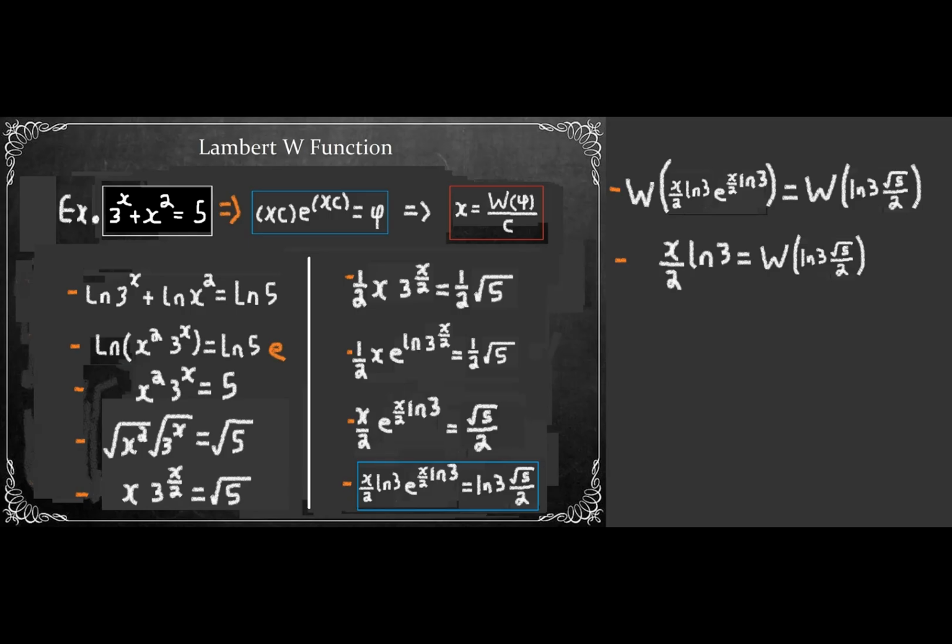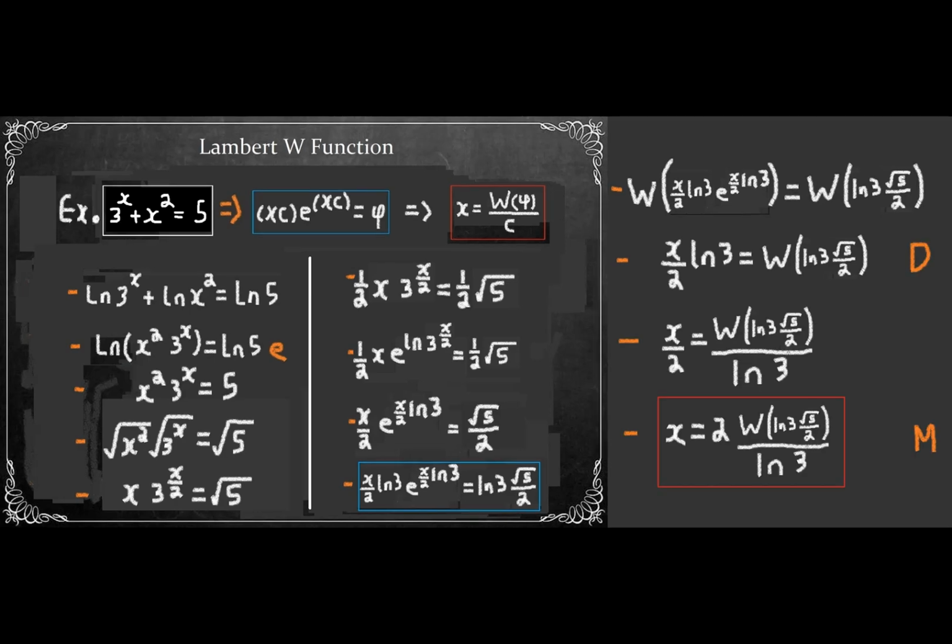And now, everything from here on in is just straight up algebra. That ln 3 can be brought over, have that term over ln 3. And the 2 cancels. That 2 can be brought over. Beautiful.